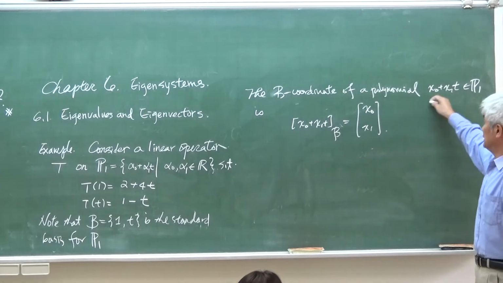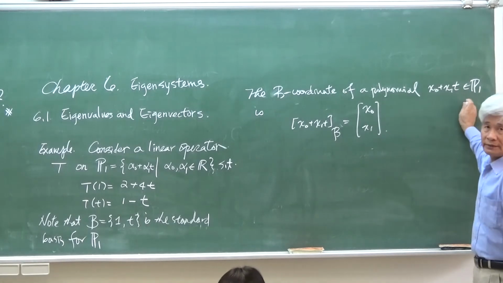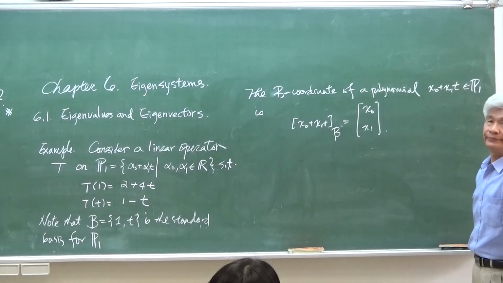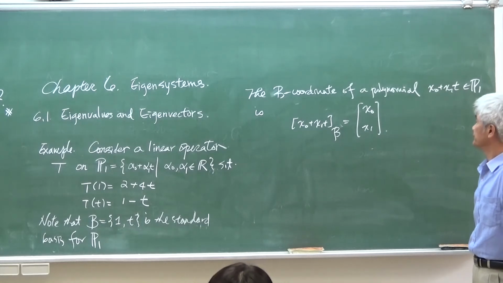So this is the B coordinate of a polynomial. Like this one, right? Very simple one.